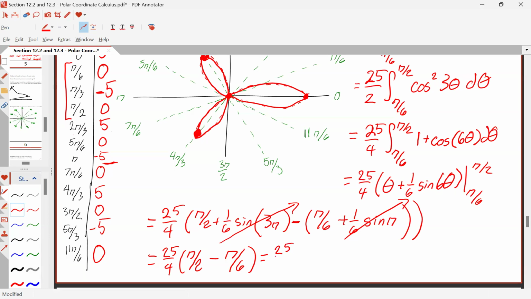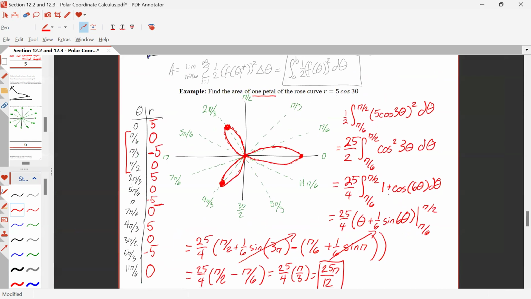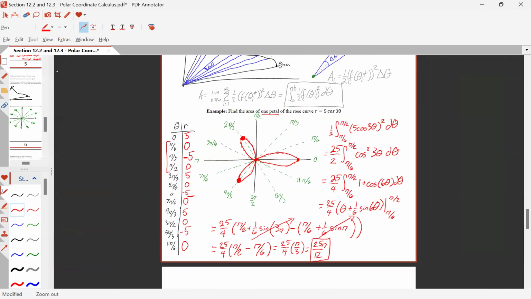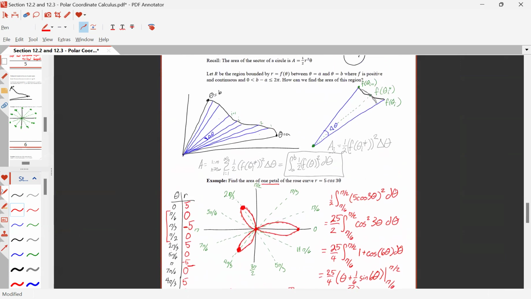We get 25 over 4 times pi over 3, or 25 pi over 12. And there is the area of one petal of the rose curve using the formula for finding the area of a polar region.